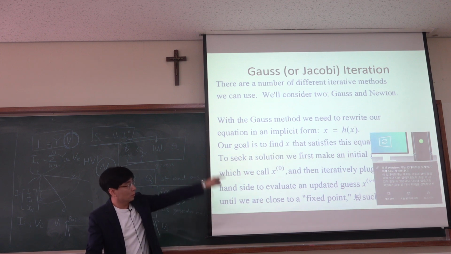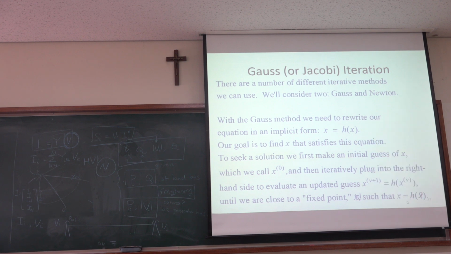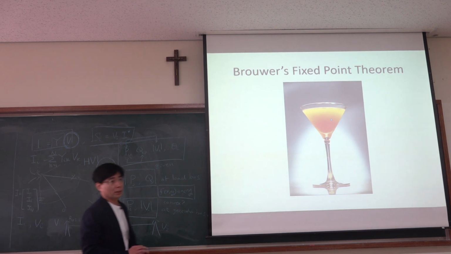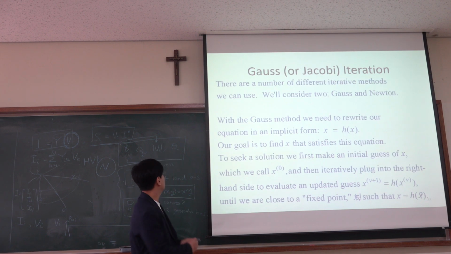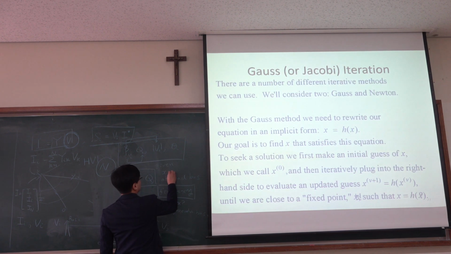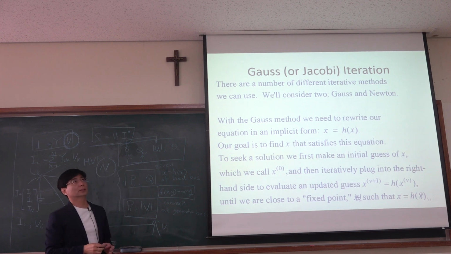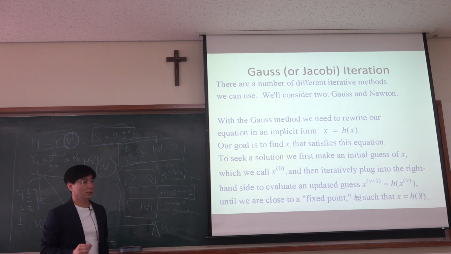The meaning of the solution of that equation is this one: fixed point. What is a fixed point? Let's say x star, or x underbar, is the solution of x equals h of x.